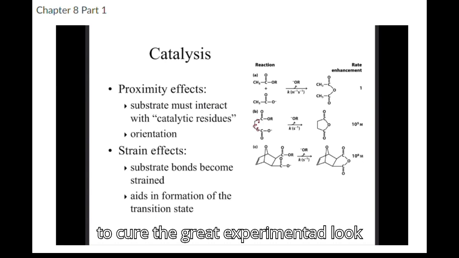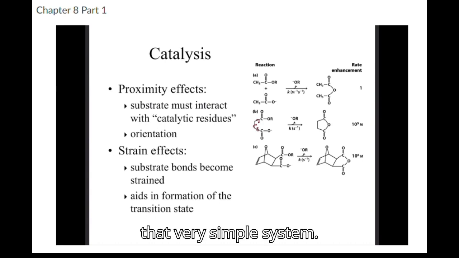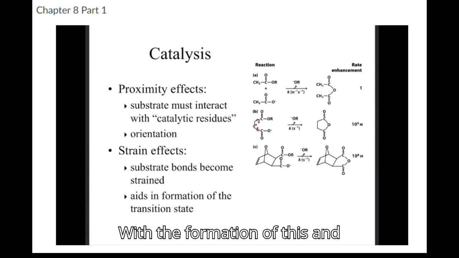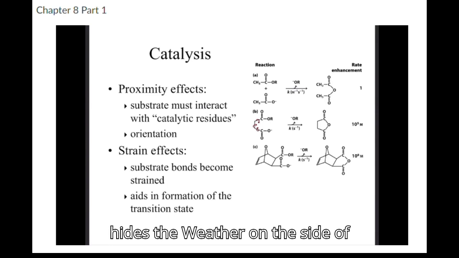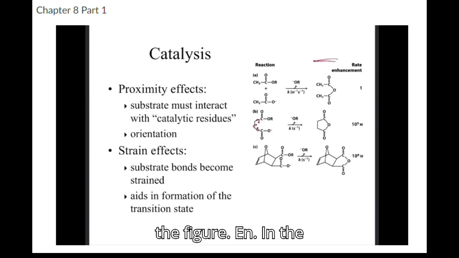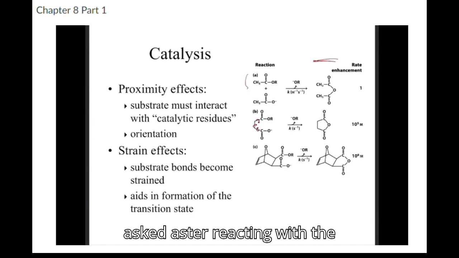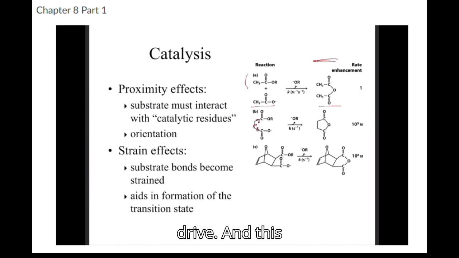A great experiment that looked at a very simple system and the rate enhancement that could occur was the formation of these anhydrides that we see over on this side of this figure. In the first reaction, we have an acetate ester reacting with acetate to form acetic anhydride.